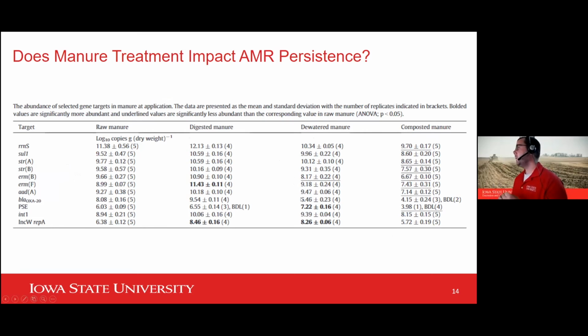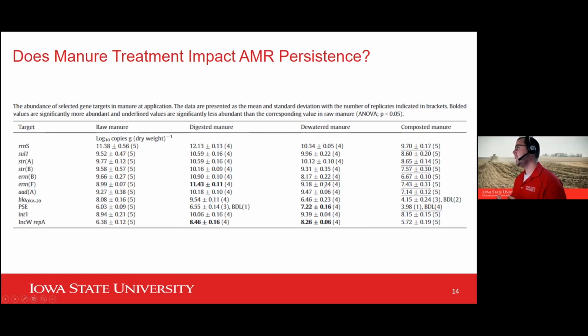On this graph, what we're looking at here is if it is bolded, right? So if we see this bold letter or bold item, that would mean that doing that treatment process, in this case, anaerobically digesting the manure, statistically increased the prevalence of that gene, right? So that bacteria grew and tended to be higher in concentration after treatment.